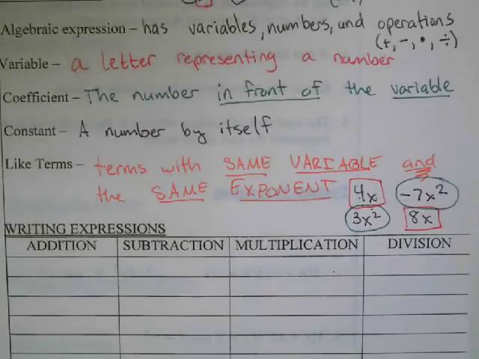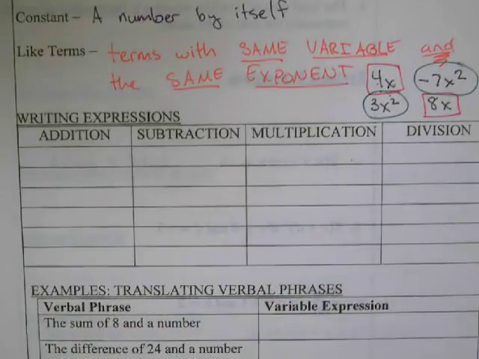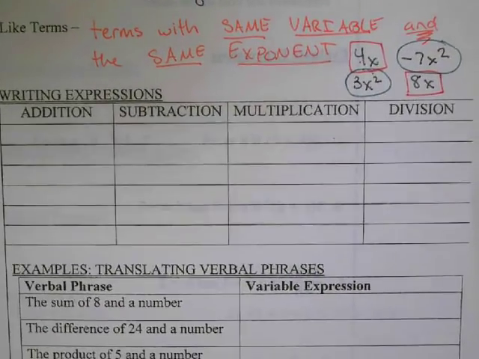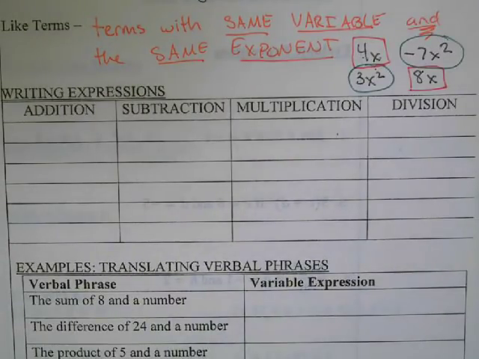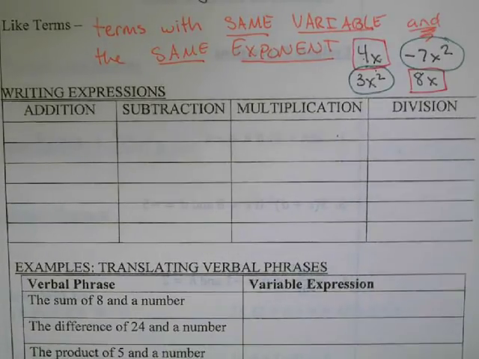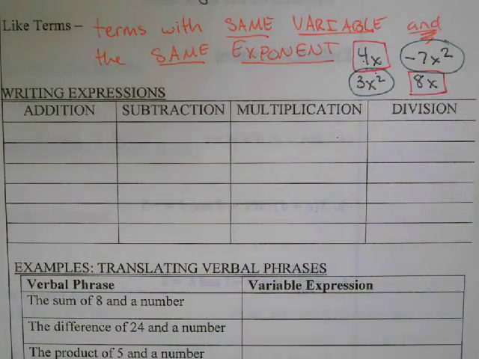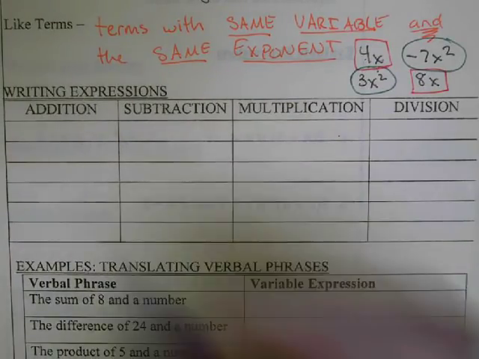Next, we're going to list some words that we'll be seeing as far as how we can translate them into mathematical operations. So I'm just going to list these pretty fast, and then you can pause to catch up. So we'll start with addition.